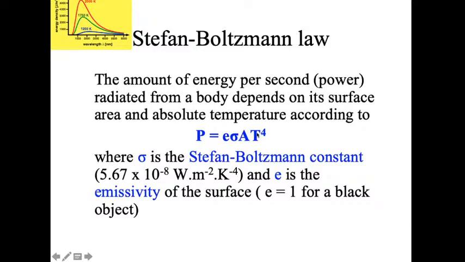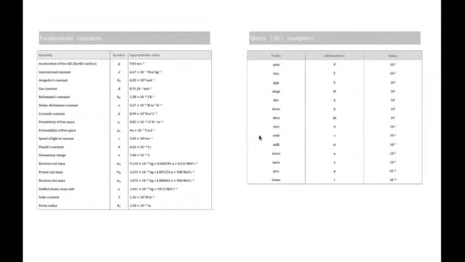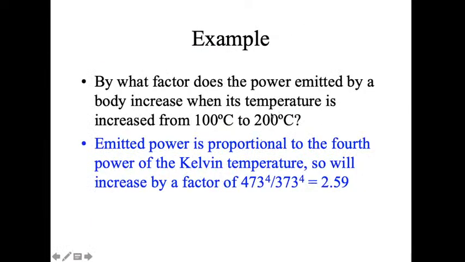So if you're trying to create a fraction, or in this case, the factor, we need to find our final divided by initial. So everything will cancel, all of our emissivity constants, area, except for temperature, and we'll be left with our final temperature in Kelvin. So we need to add 273.